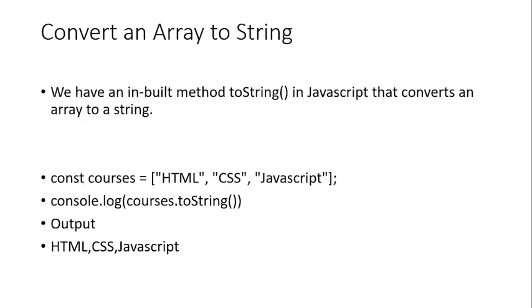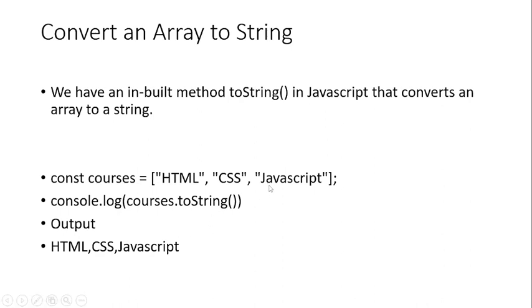In the next slide, we are going to see how to convert an array to a string. In order to convert an array to a string, I am using an inbuilt function called toString in JavaScript. This is used to convert the array to a string. You can see here the array elements are HTML, CSS as well as JavaScript.